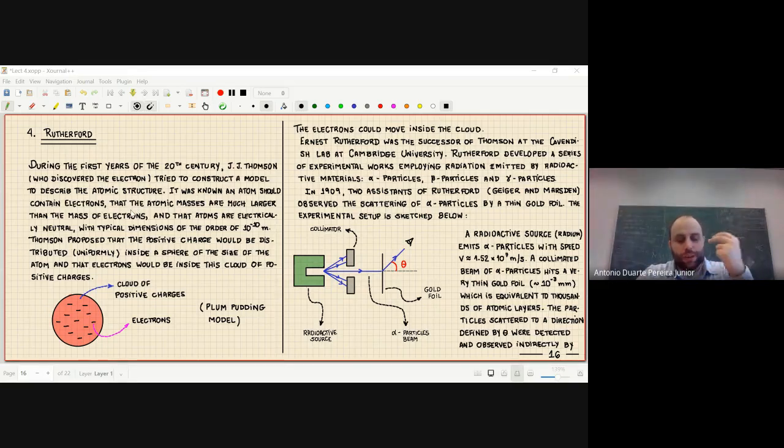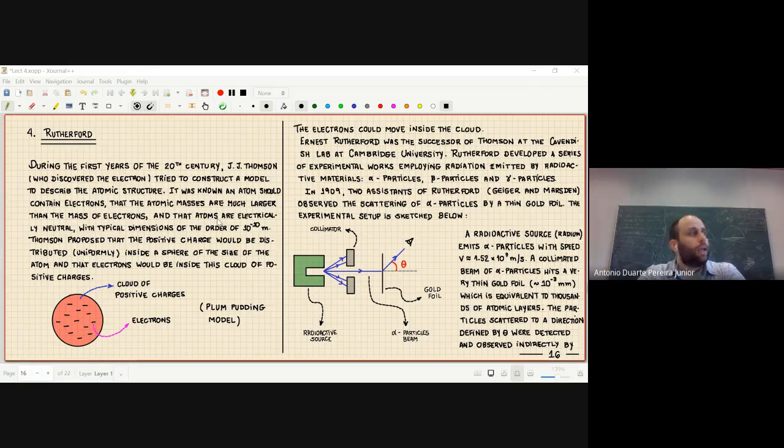It was also known that the atomic masses, namely the mass of an atom, were much bigger than the mass of the electron. So if the atom is composed of electrons, it must also contain something else, because the total mass of the atom is way bigger than the mass of the electron. And it was also known that atoms are typically electrically neutral.